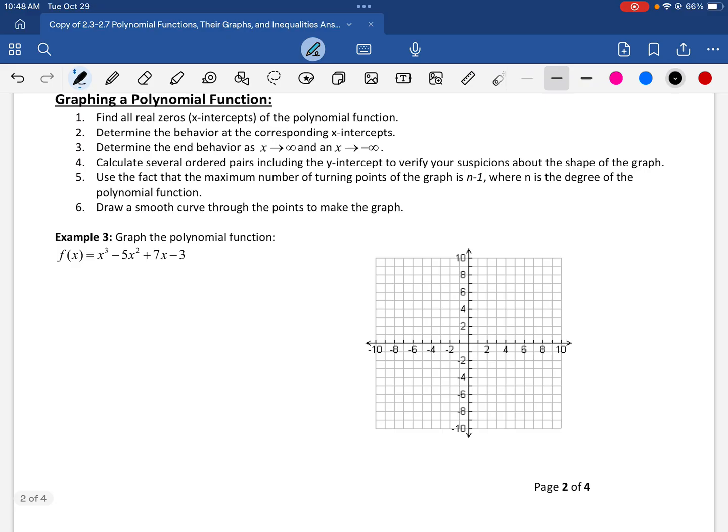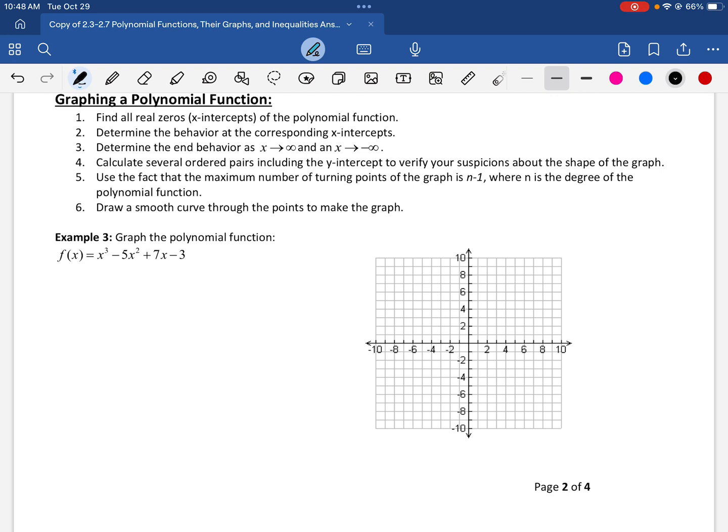All right, last little bit here talking about graphing a polynomial function. A couple of things you need to be able to do to graph it. You need to have all of your real zeros. You need to determine the behavior at those zeros, so are they going to be crossing or touching? You're going to determine your end behavior.